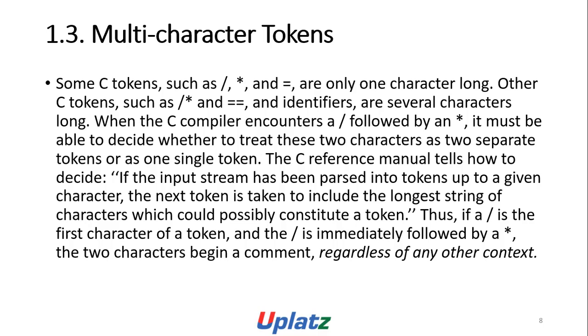The C reference manual tells how to decide: if the input stream has been parsed into tokens up to a given character, the next token is taken to include the longest string of characters which could possibly constitute a token. Thus, if a slash is the first character of a token and the slash is immediately followed by a star, the two characters begin a comment regardless of any other context.